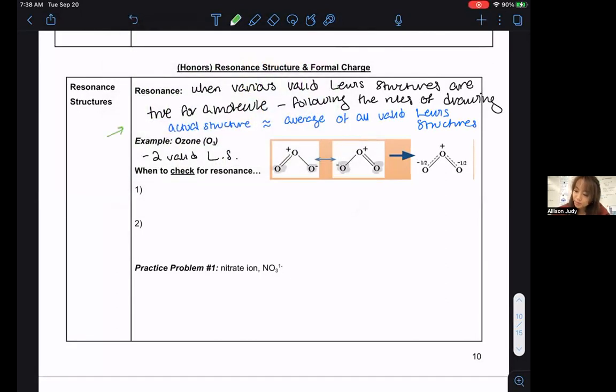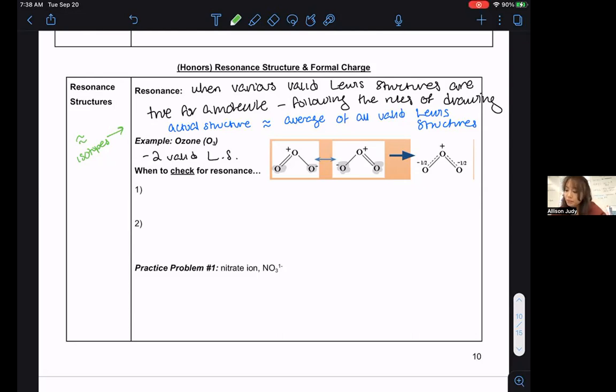This should bring back feelings of isotopes, that there are various forms of some type of matter, and that the actual matter is described as an average or a combination of all the various individual forms, right? So it almost has a similar concept as isotopes. Obviously a different application, right? Here we're talking about the actual structure, not the mass, but you're seeing a pattern of thinking that we observe in chemistry.